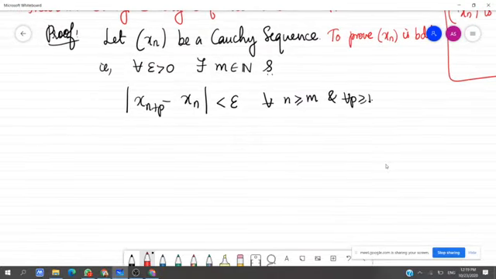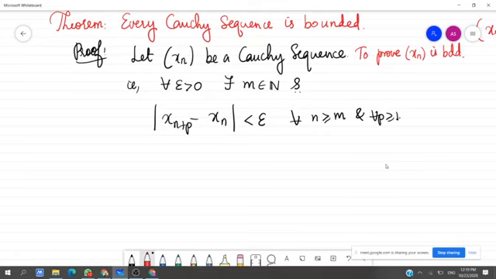For that, take an epsilon, say epsilon naught, a particular epsilon. Then corresponding to this epsilon naught, we have a stage m such that after that stage, the terms are at a distance less than epsilon naught.